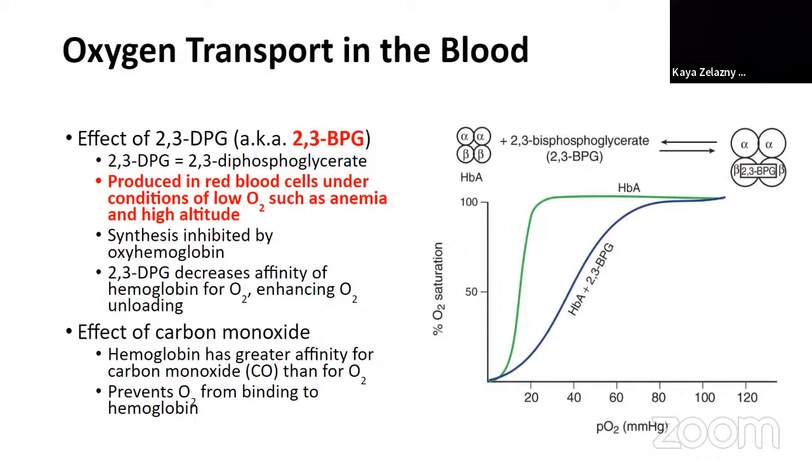So this might be that you are anemic, and you just don't have enough oxygen because of the effects on the hemoglobin itself. But this can also be because you're in an environment where the air has less oxygen, which specifically happens at high altitudes. If you've ever heard about getting altitude sickness, that's because of the change of this mix of gases in the atmosphere as you go high up on a mountain. So in a low oxygen environment, you produce this as a byproduct of metabolism.